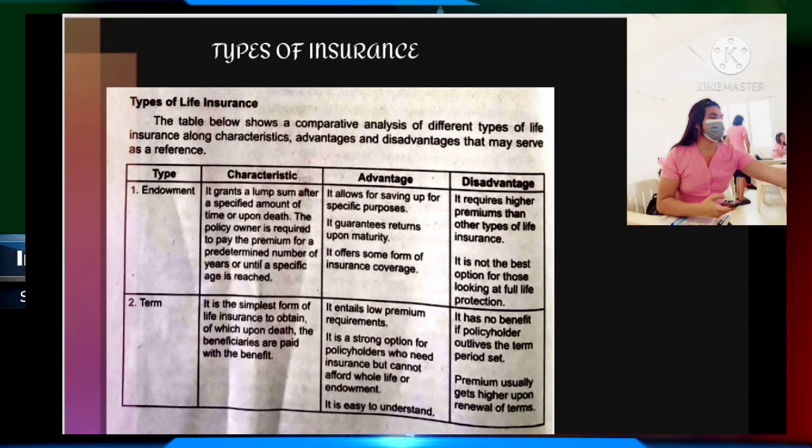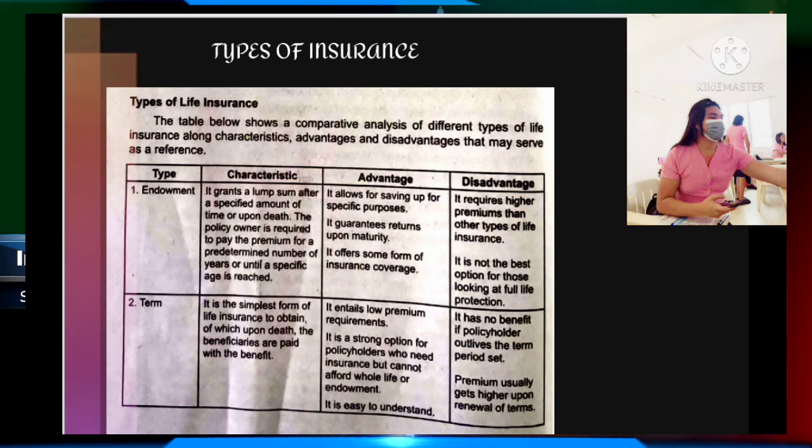The policy owner is required to pay the premium for a predetermined number of years or until a specific age is reached. Advantages: it allows for saving up for specific purposes. It guarantees returns upon maturity. It offers some form of insurance coverage. Disadvantages: it requires a higher premium than other types of life insurance. It is not the best option for those looking for full life protection.